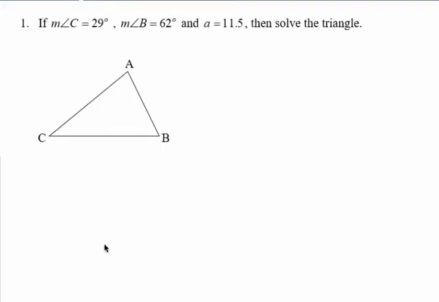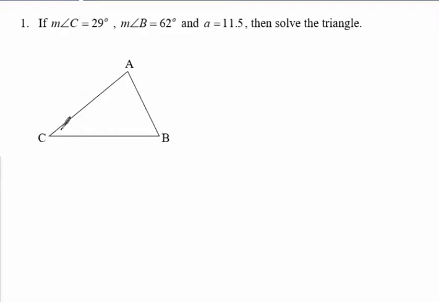Let's look at our first example. If the measure of angle C is 29 degrees, the measure of angle B is 62 degrees, and a is 11.5, then solve the triangle. So let's fill in the information that we know.